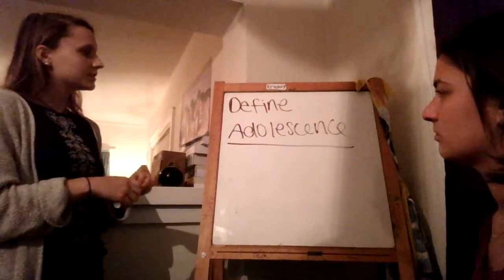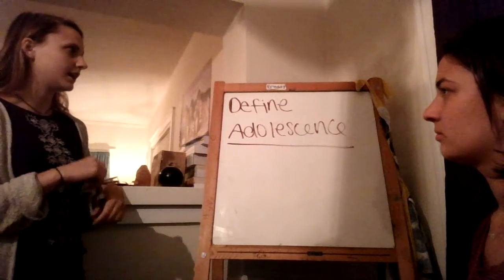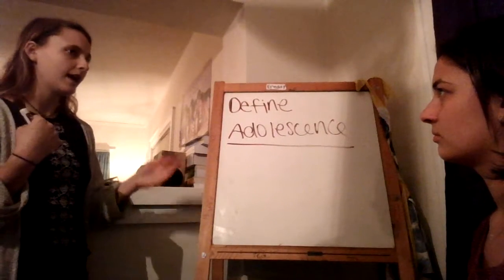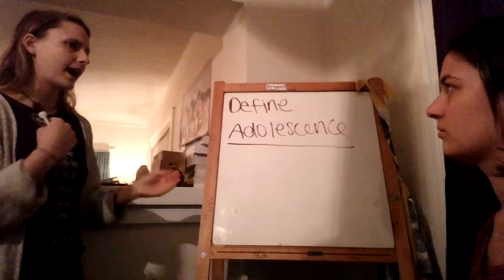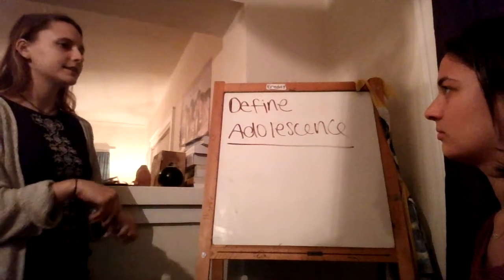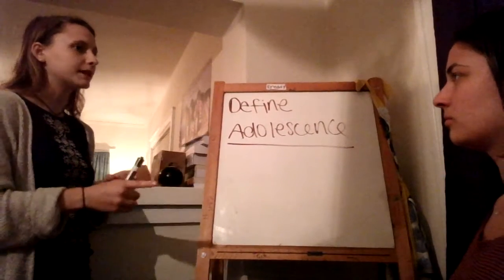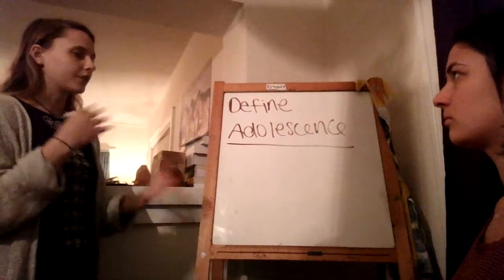After you're done, I'll give you a few minutes, and after you're done, compare it with a partner and see if you can add anything. So I want each of you to read it aloud to each other and then see if they said something about adolescence that you missed or the other way around.